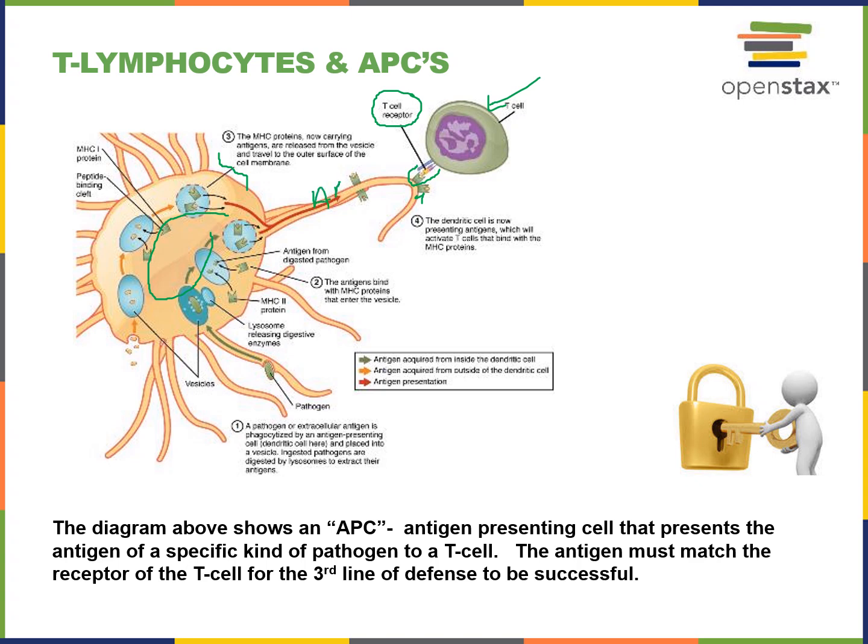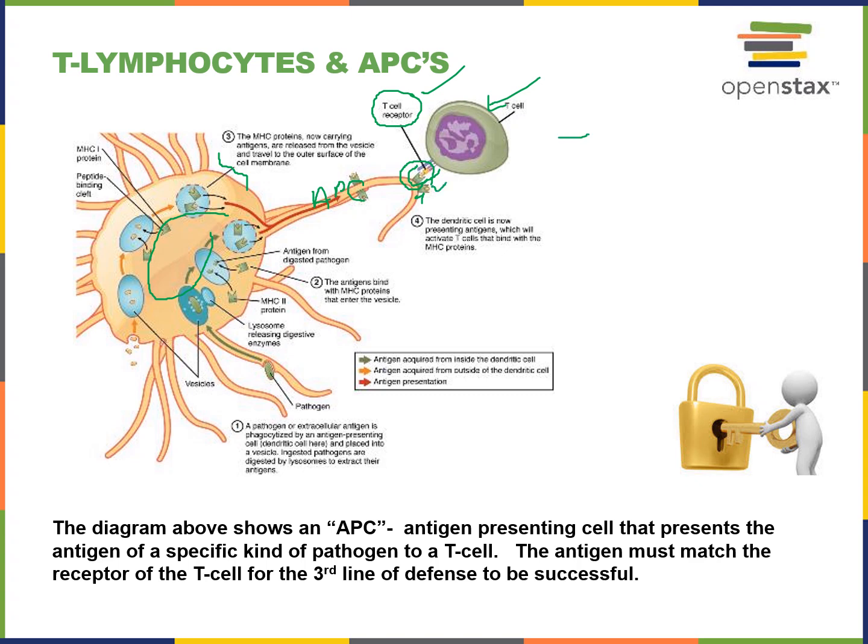But it has a groove, and within that groove is where you find the antigen. And the T cell, with its T cell receptor, must bind that entire complex there.